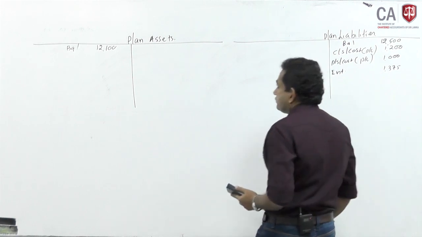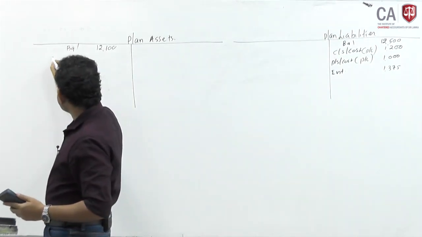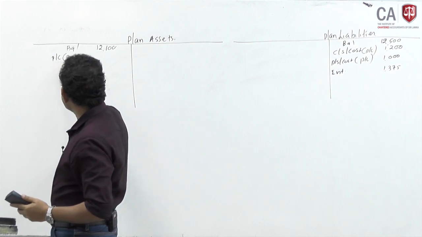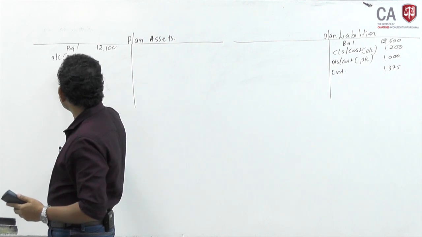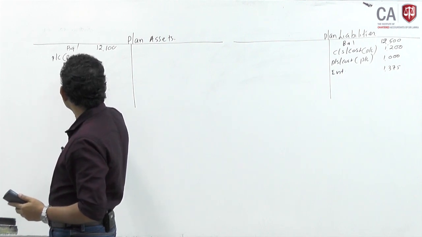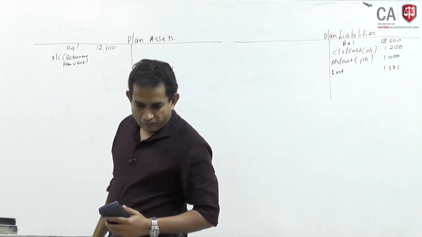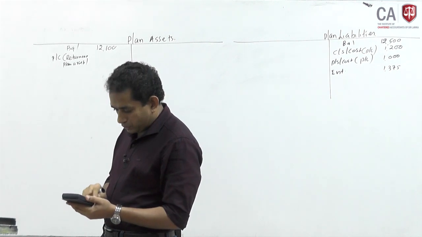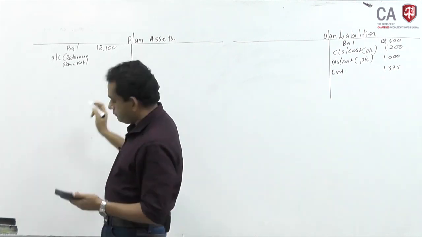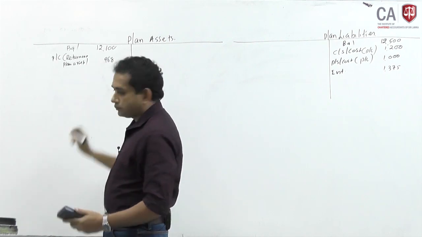We will also recognize return on plan assets, that should also go to profit and loss. So, that is at what percentage? 8%. Opening balance 12,100 into 8% should be 968.